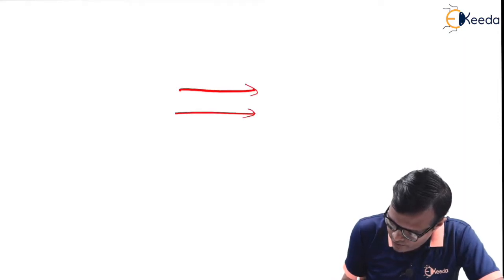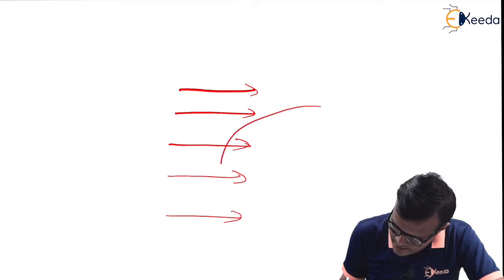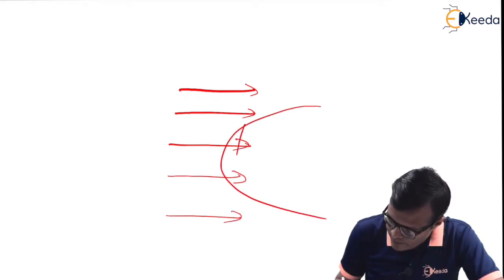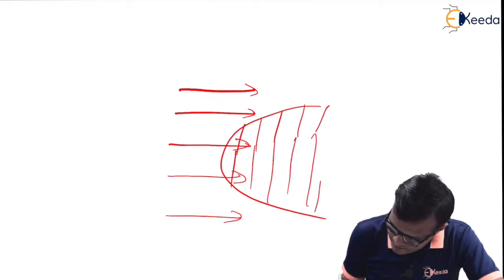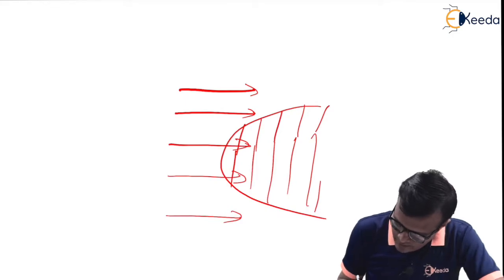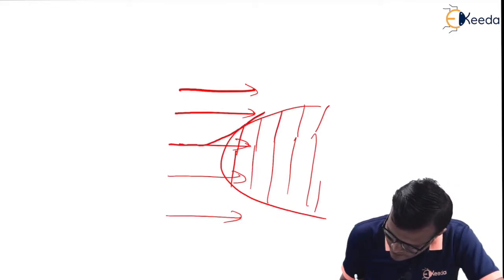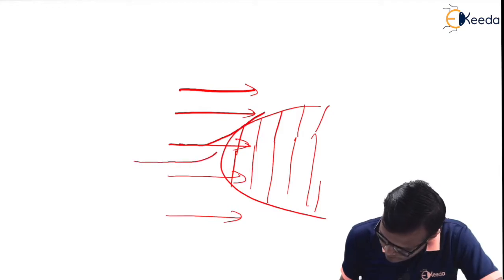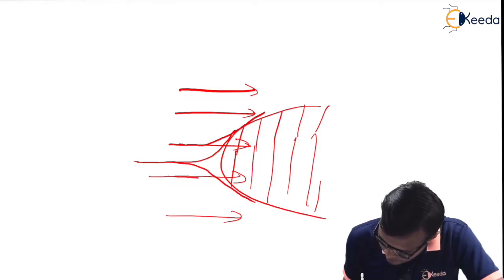If this is the direction of flow of fluid and there exists a rigid body like this, then the flow in the frontal face will get diverted and will move something like this as shown in the figure.